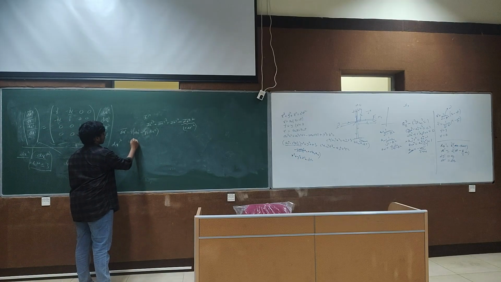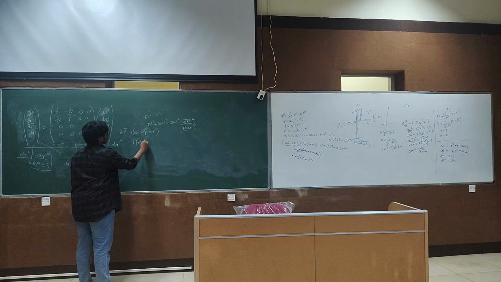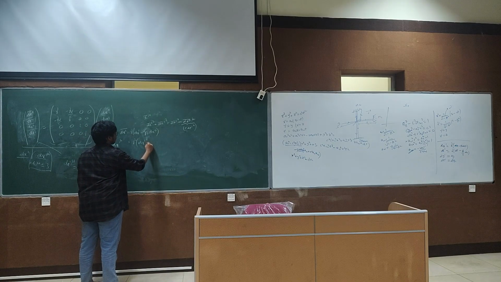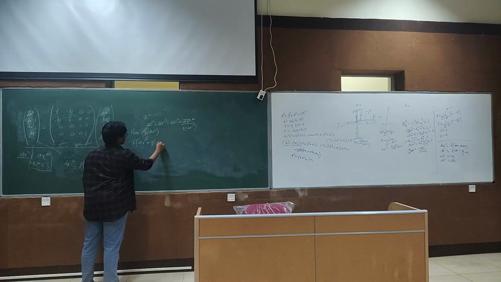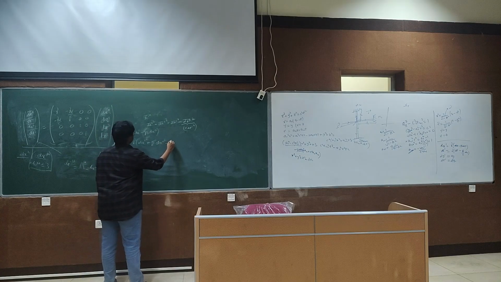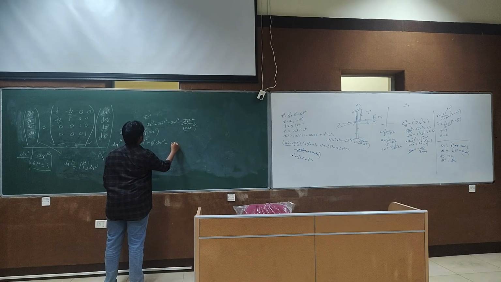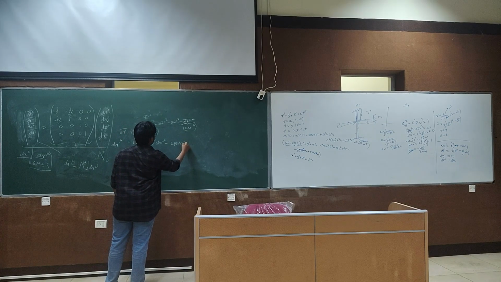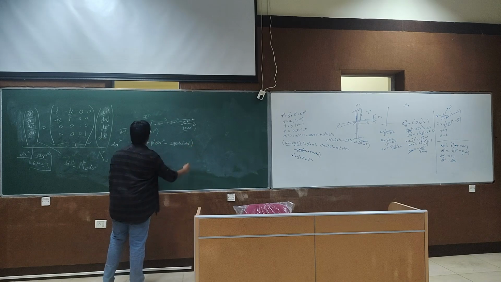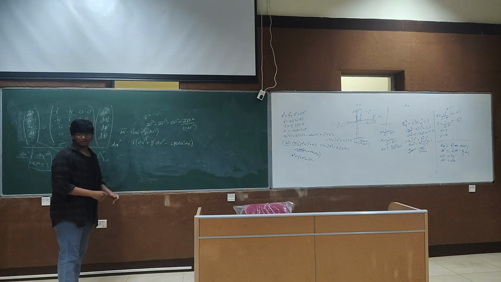So if you square this, you get gamma square dx1 square plus beta square dx0 square minus 2 beta dx0 dx1. Fine.